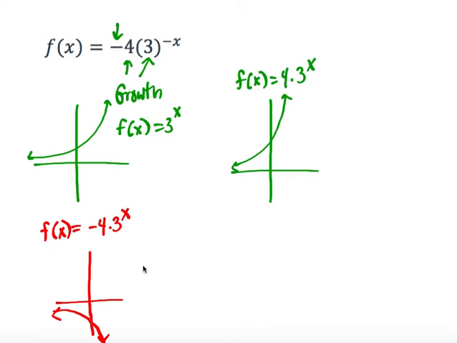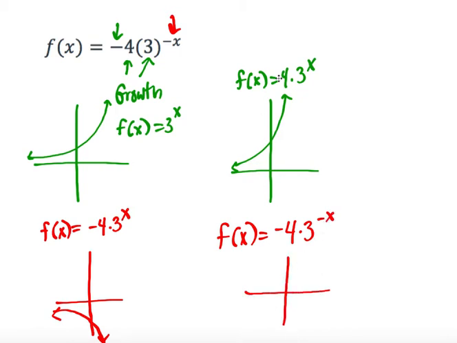And the last thing I have to deal with is this negative x up here. So that would be my final sketch of that graph. Again, the 4 vertically stretched it, the negative flipped it down. This negative flips it across the y-axis. So it would actually flip it this way.